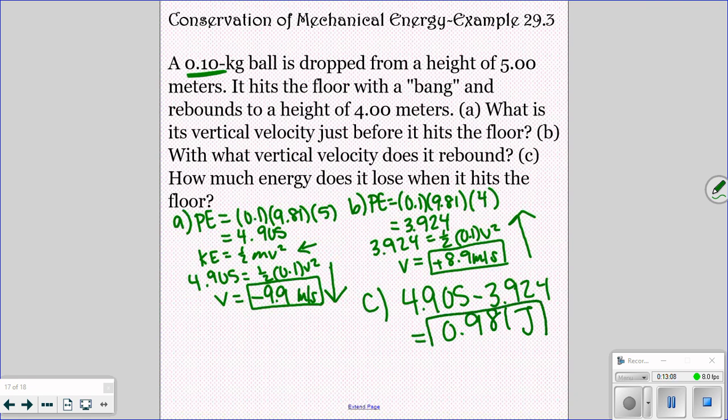That's the energy that's lost from it hitting the floor. That energy is used to make the noise that you would hear when the ball hits the floor, and a very, very small amount of heat from the two hitting each other. So that's where that energy goes, because remember, energy can't be destroyed, it just gets moved into another form.